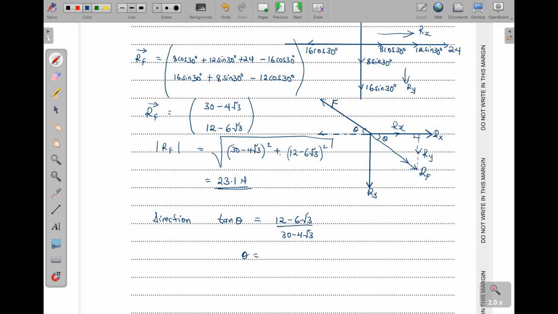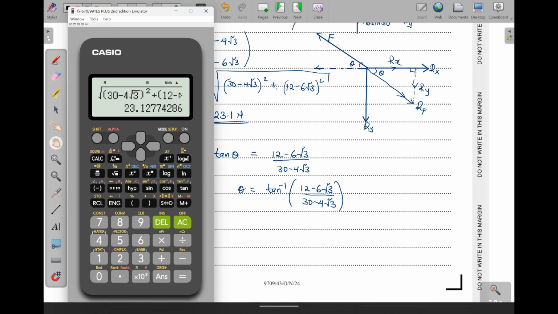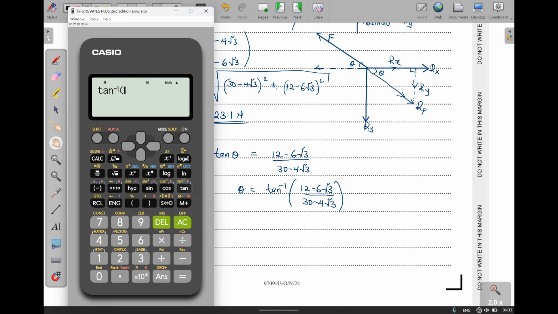So theta will then be the arctan of 12 minus 6 root 3 over 30 minus 4 root 3.